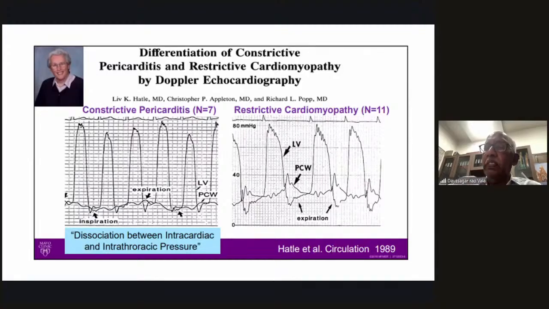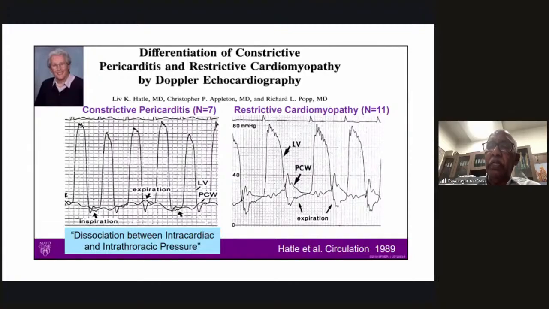To your right is the restrictive cardiomyopathy, or what you call a normal phenomenon, where the pulmonary capillary wedge pressure and the left ventricular diastolic pressure both move in the same direction, meaning that the atrioventricular gradient during diastole continues to be almost the same, both in inspiration as well as expiration.